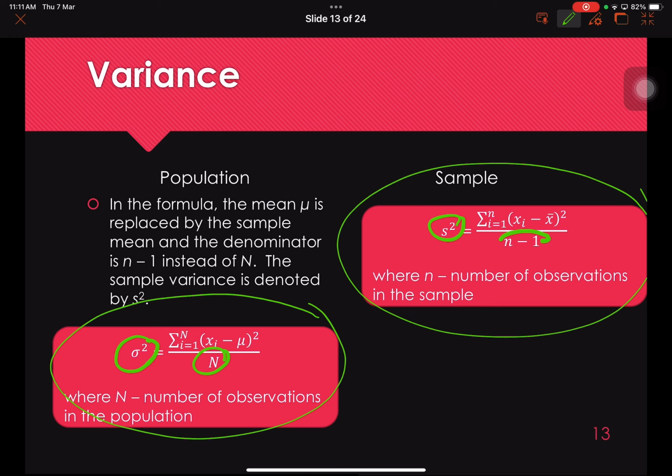Second, because we have capital N there, it means population. For a sample, you should have n minus 1. Normally we use small n, so if the formula is written correctly, small n represents the sample. But I don't want to emphasize capital N or small n. The most important thing is that you see n minus 1 there. If n minus 1, it means sample.